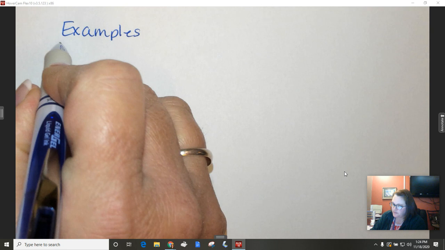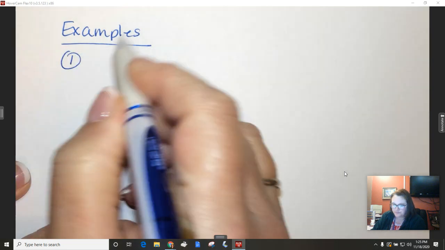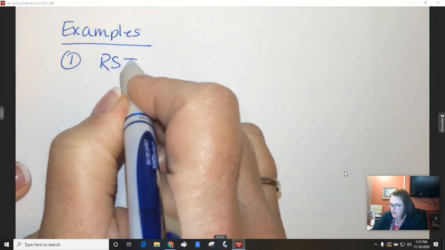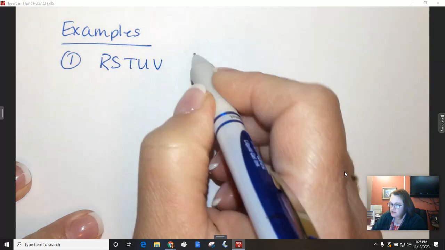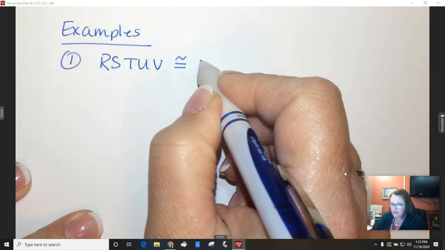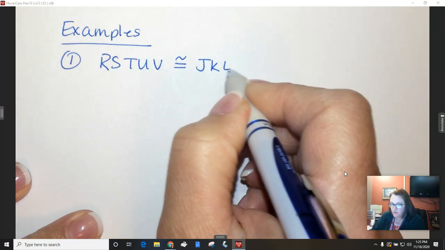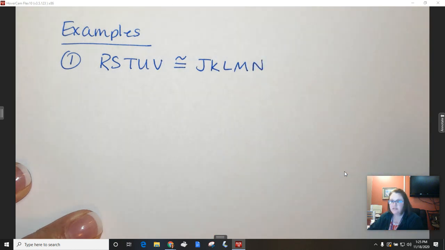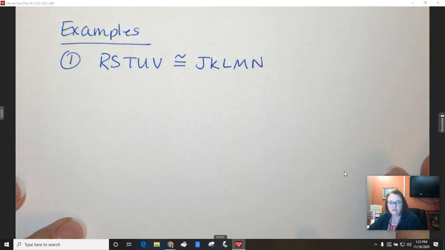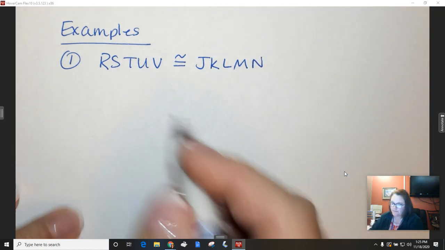So let's look at a couple of examples. Suppose we have two pentagons. We don't know what they look like, but we know that they are pentagons, and we know that these two pentagons are congruent.